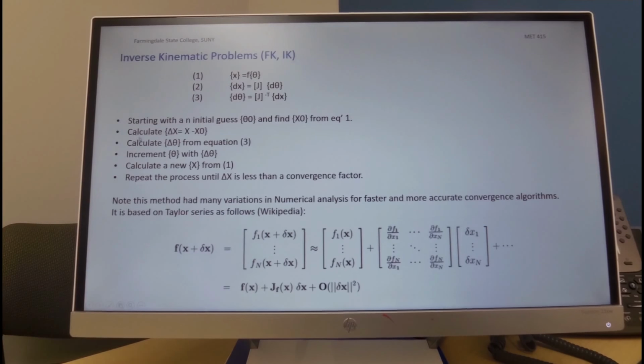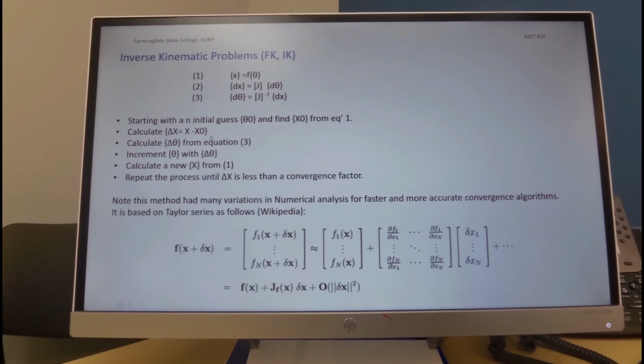Once we have that, we calculate the difference, delta x, between the initial x and the desired target x. Then we can calculate delta theta from expression 3. We plug in delta x here, multiply by the transpose of the Jacobian, and get delta theta. Then we increment theta with delta theta to find a new theta, and substitute again in equation 1 to find a new x. We repeat this process until delta x becomes less than a certain convergence factor.